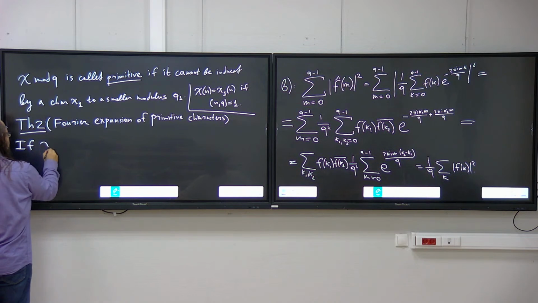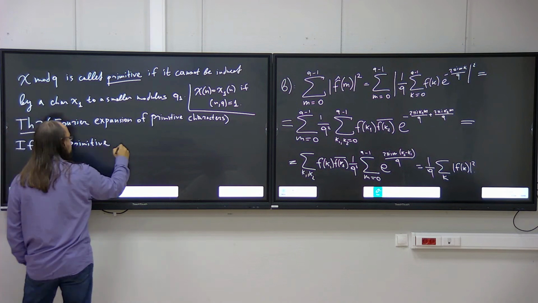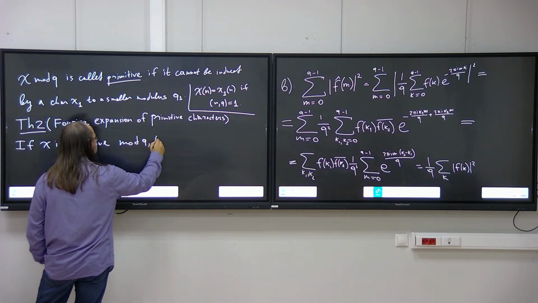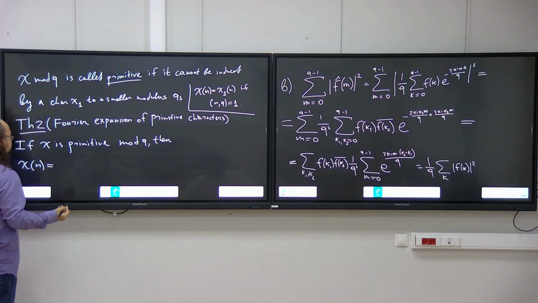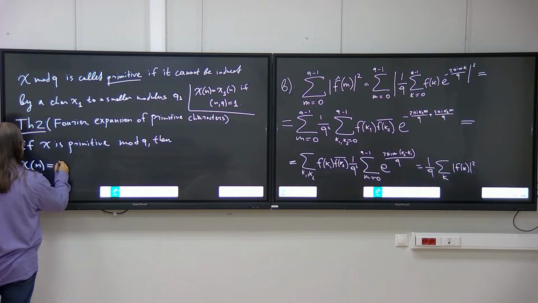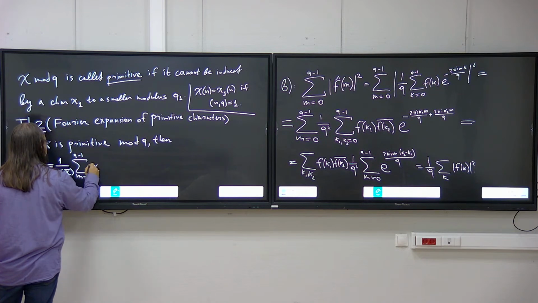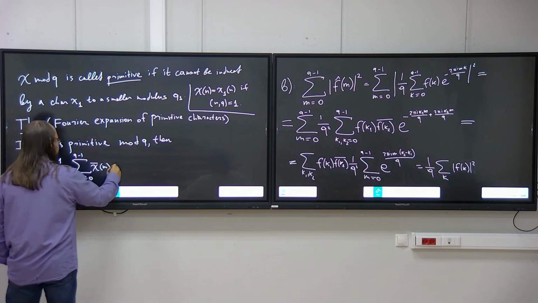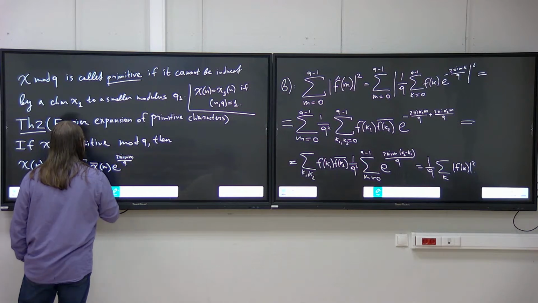If chi is primitive modulo q, then we have the following formula. I will write down the formula we are going to use. Chi of n is equal to 1 over tau of chi bar, sum over all m from 0 to q minus 1, chi bar of m multiplied by e to the power 2 pi i n m over q.